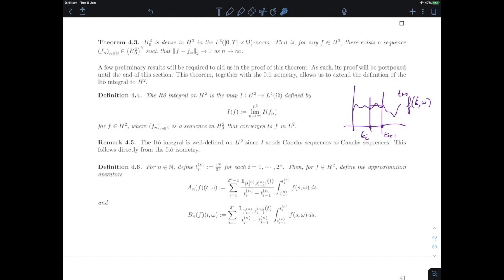And what you do in Bn is, on each interval, you replace the function by its average on that interval. Now you will recognize that this is exactly taking a conditional expectation with respect to the filtration that makes all of the functions constant on such intervals measurable.